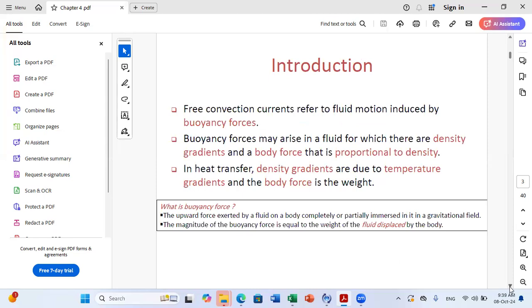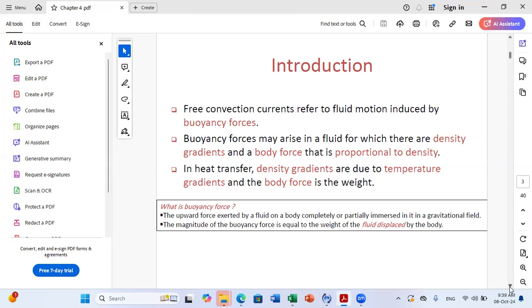So free convection currents refer to fluid motion induced by buoyancy forces. Buoyancy forces may arise in a fluid for which there are density gradients. And here, why do we have density gradients? Because of temperature difference. So temperature is related to density. Larger temperature will lead to lower density, and this will lead to motion of the fluid.